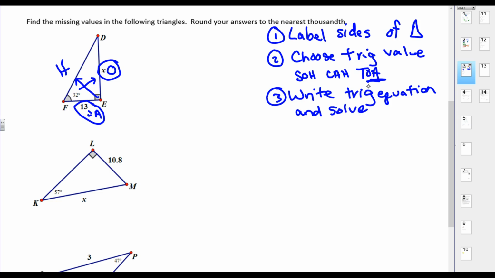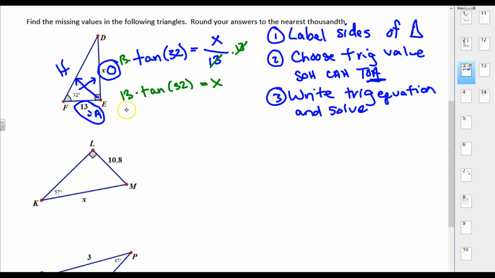So what does that look like? Well, I'm going to say that the tangent of 32 is equal to my opposite, which is x, over my adjacent, which is 13. So to solve this equation, I want to multiply both sides by 13 to cancel the 13 in the denominator there. So I get 13 times the tangent of 32 is equal to x.